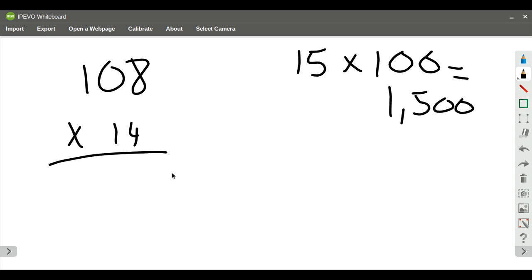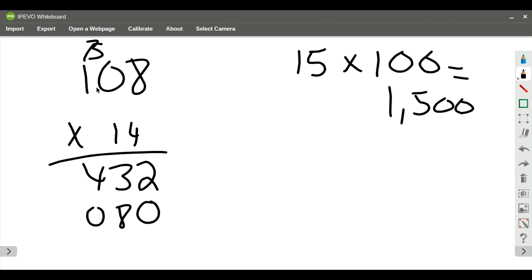4 times 8 is going to be 32. I put down the 2. I regroup the 3. 4 times 0 is going to be 0, plus 3 is going to be 3. 4 times 1 is going to be 4. So now I do my next step, which is to place my placeholder. I'm going to cross off my 3. 1 times 8 is going to be 8. 1 times 0 is 0.